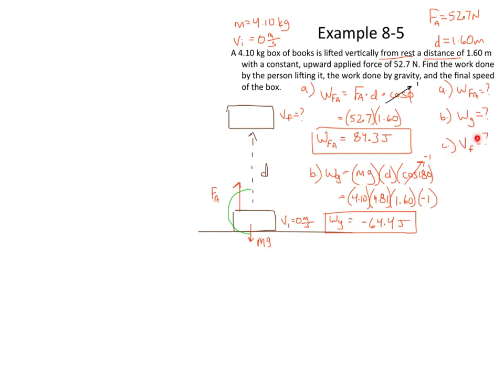We want to find the final velocity. What value have we just talked about recently that has velocity in it? Kinetic energy, right? Kinetic energy equals 1/2 mv squared. Well, we know the initial kinetic energy. The initial kinetic energy is 1/2 mv initial squared.